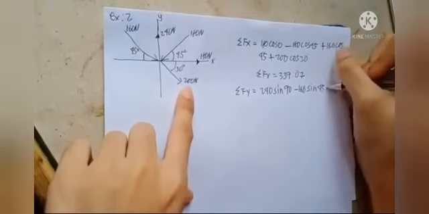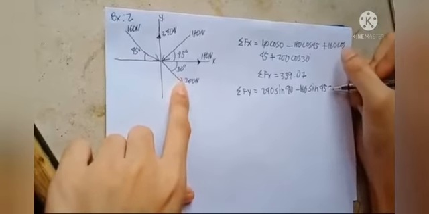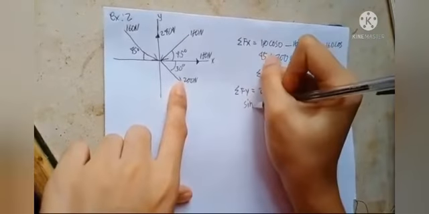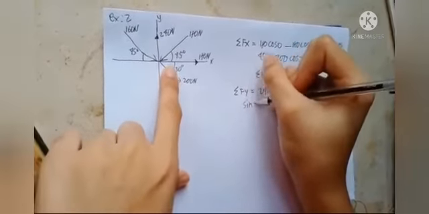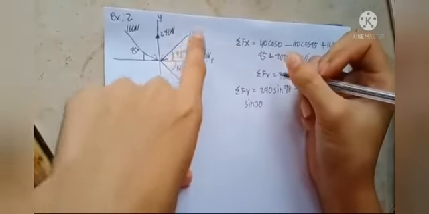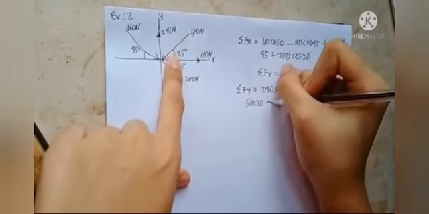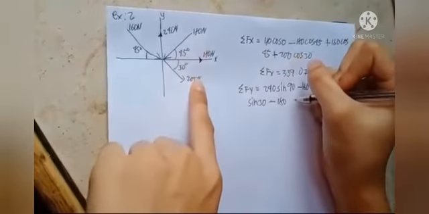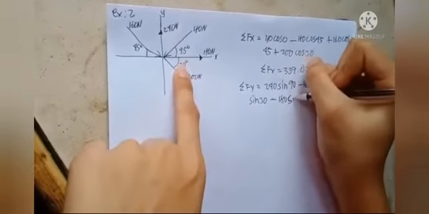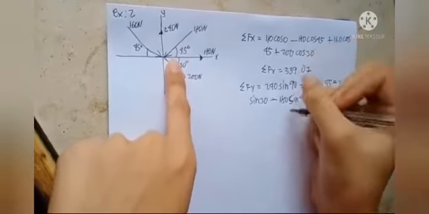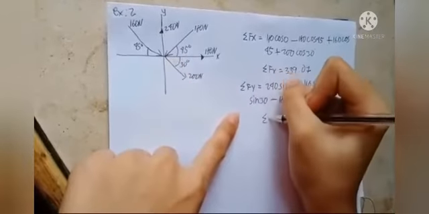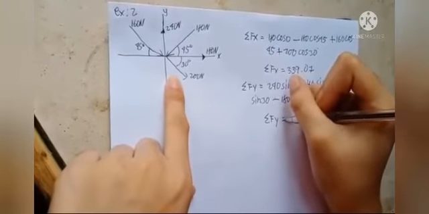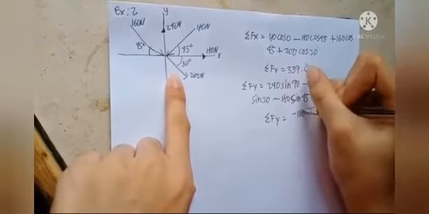And next, negative 200 sine 30. And then last, negative, it is pointing down, 180 sine 45. Then it equals negative 100.42.